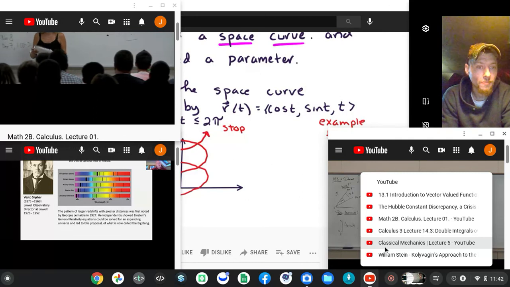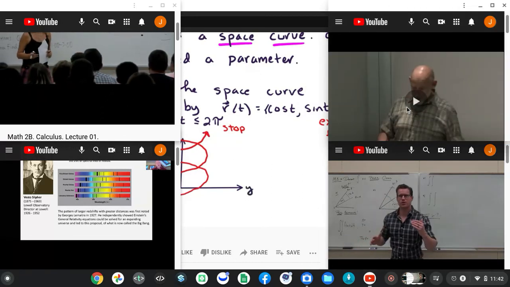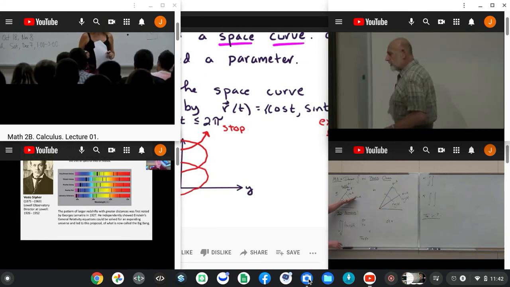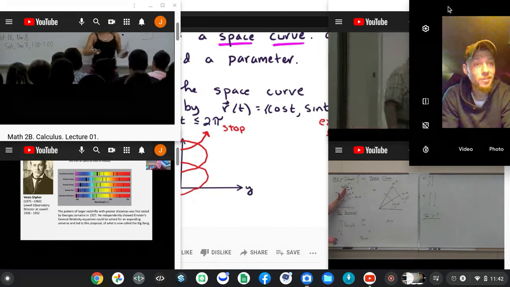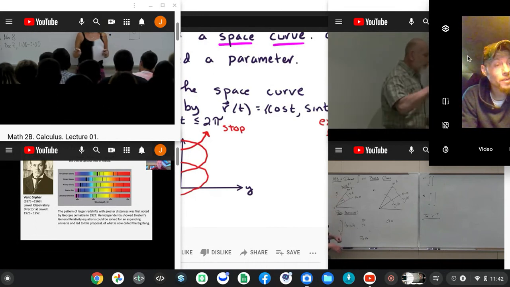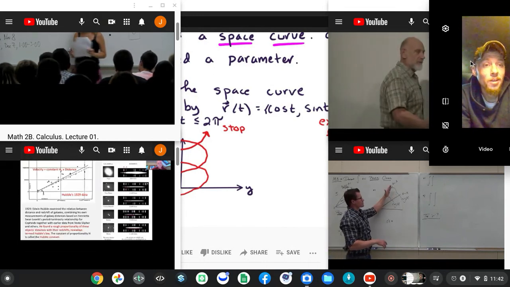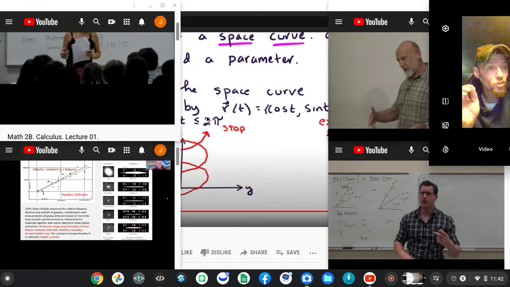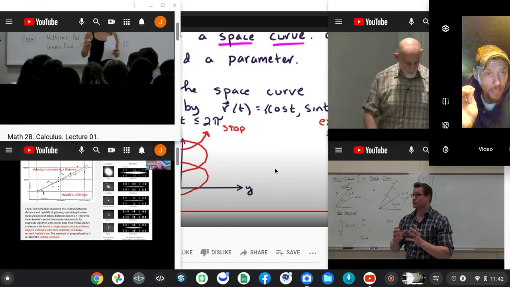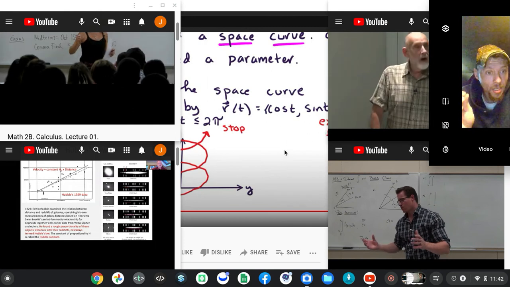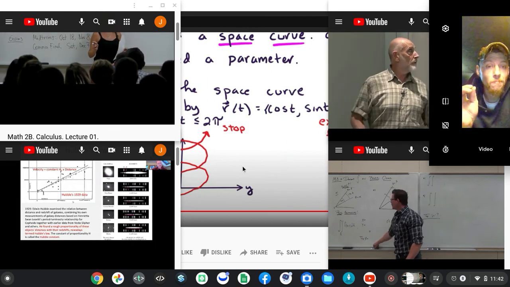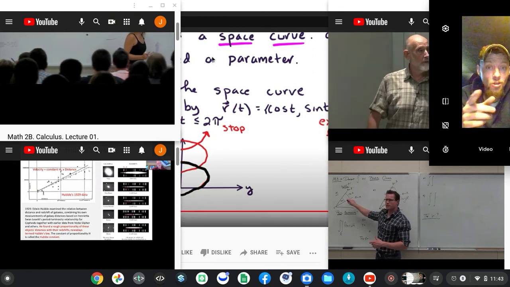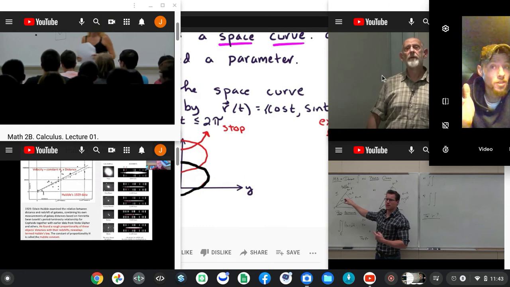Now we are told to start and stop this. Here's another version where you will still see time equals 0 to 2 pi. I have started it at 0. Let's figure out where it ends.